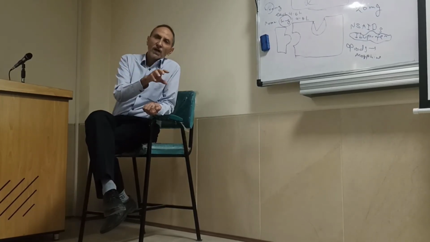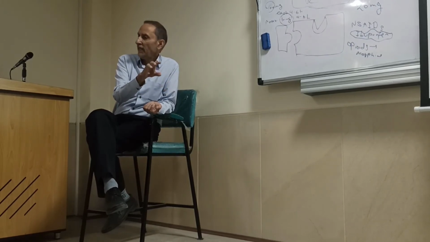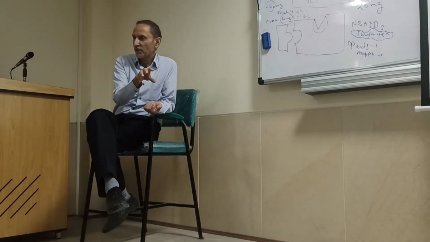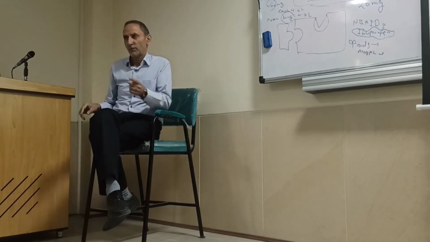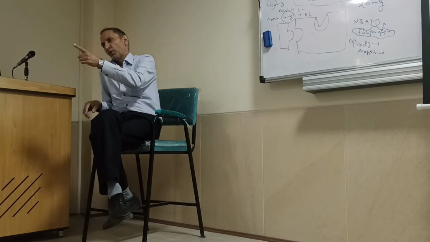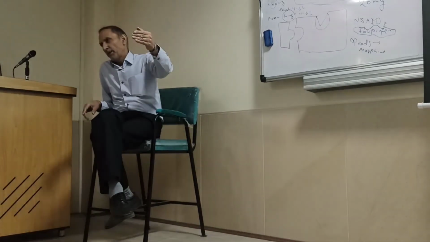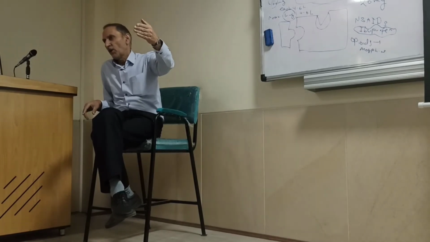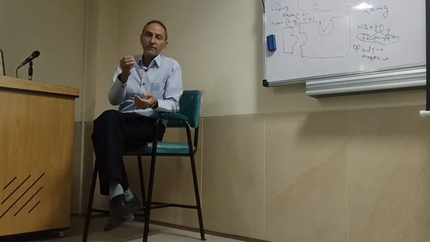The receptors of aldosterone are in kidney tubules. Yes. So, aldosterone is produced by the adrenal gland. Its receptors are in the collecting duct of tubules. Okay?